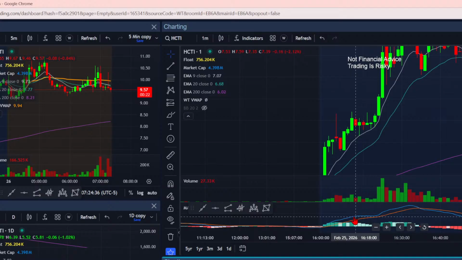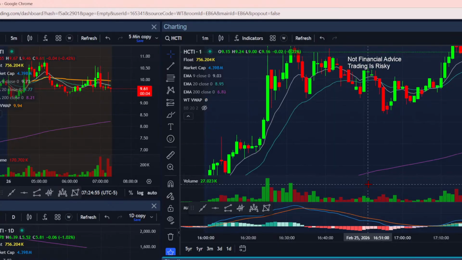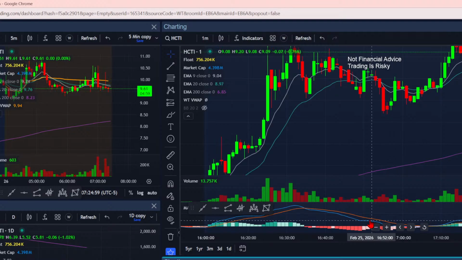You want the blue line to be pretty strong above if you're gonna take a trade, or simply if you are in a trade. If the blue line is below like this over here, you don't trade it. Well, you can trade it, but it's more risky of getting a false breakout.